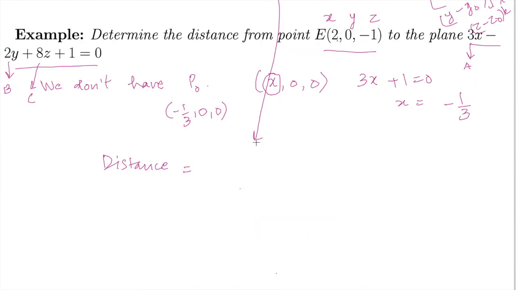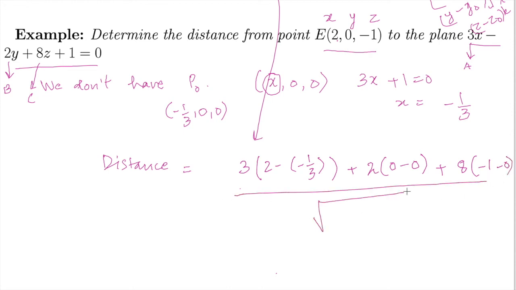So the distance is what? a is 3, times 2 minus negative 1 over 3, plus 2 times 0 minus 0, plus 8 times negative 1 minus 0, divided by the square root of 3 squared plus 2 squared plus 8 squared.